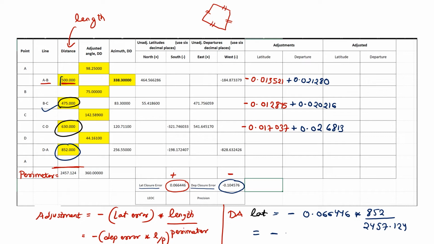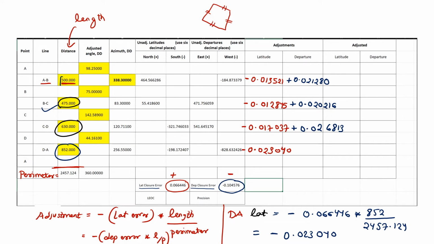That will give you a negative of 0.023040, rounded off to 6 decimals. So guys, you're learning one of the best mathematics in this course, and trying to develop skills in maths is always good.